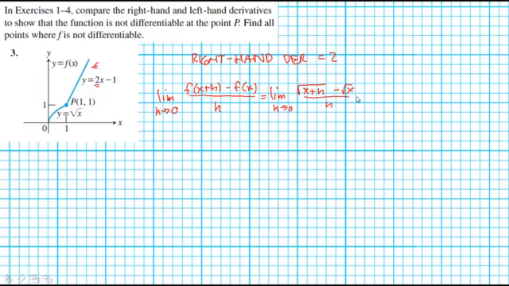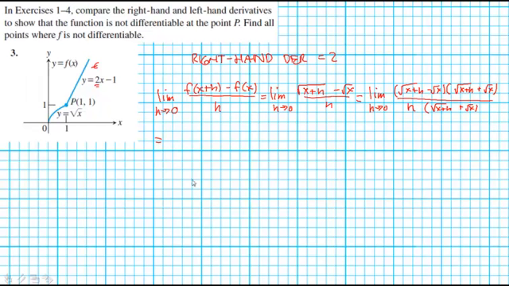Can't use the substitution process yet, so now let's multiply both the top and the bottom by the conjugate, which is going to be the square root of x plus h plus the square root of x.